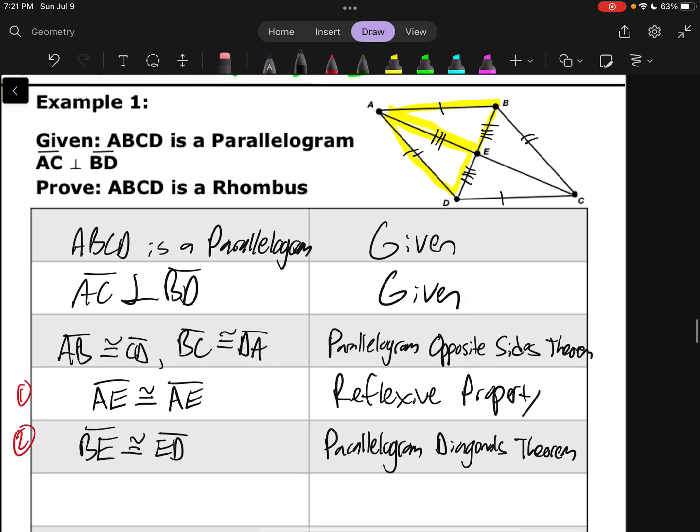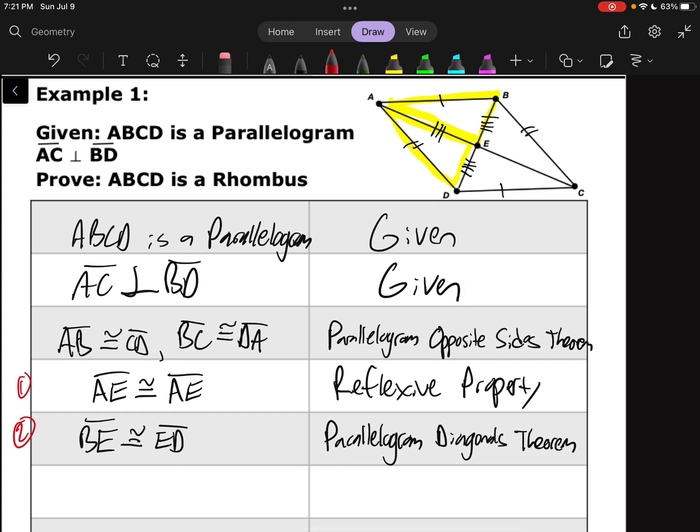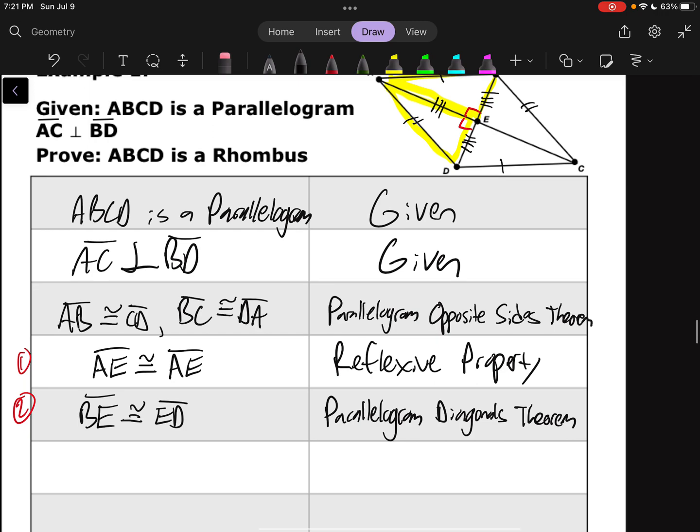We need one more. How about those right angles, right? Those are right angles according to AC perpendicular to BD. That was in the given. So I'll say angle AED has to be congruent to angle AEB by definition of perpendicular.